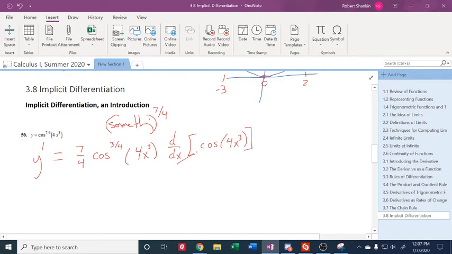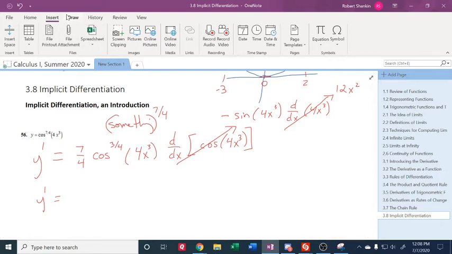Now, when we take this derivative, this is the derivative of cosine of something, which is the negative sine of that something, then times the derivative of that something. The derivative of that is 12x squared. So y prime is equal to the negative and the 12 and the 7/4 all combined.